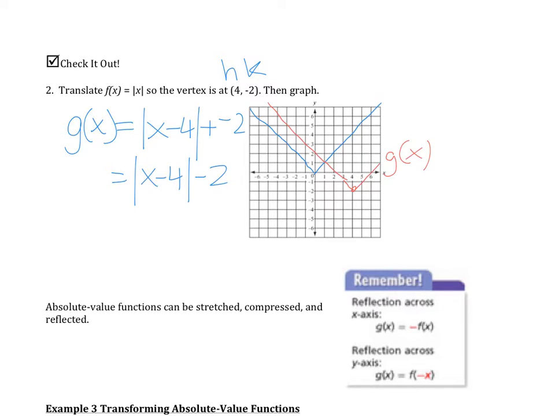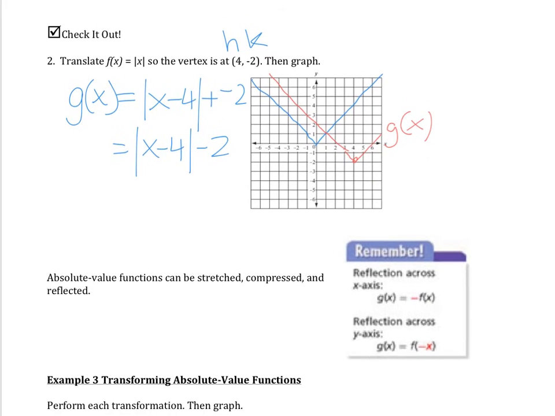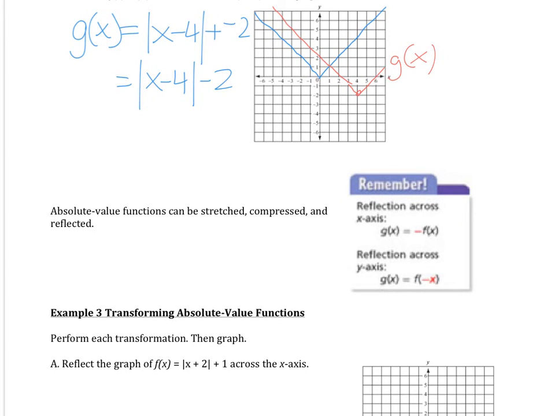You should have got that the translation was the absolute value of x minus 4, minus 2. And then graphing that is very easy: you just plot the vertex and keep the slopes of 1 and negative 1. Okay, so those were the easy ones.